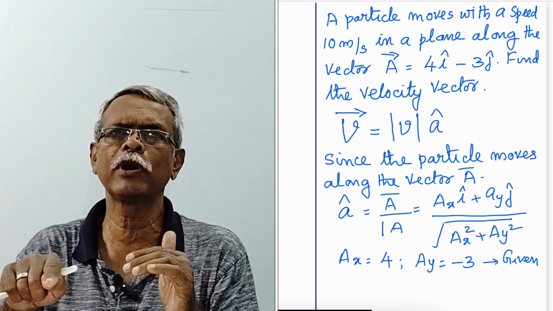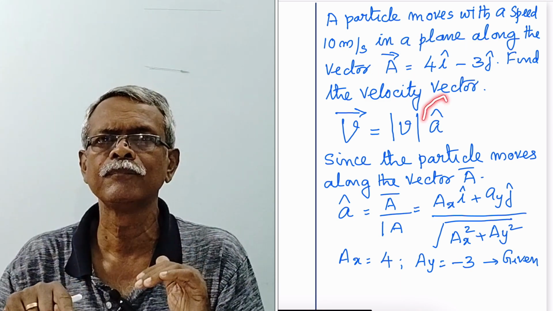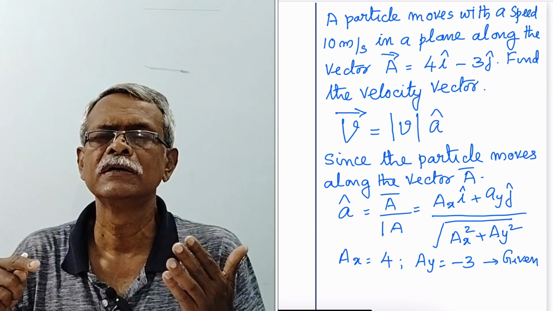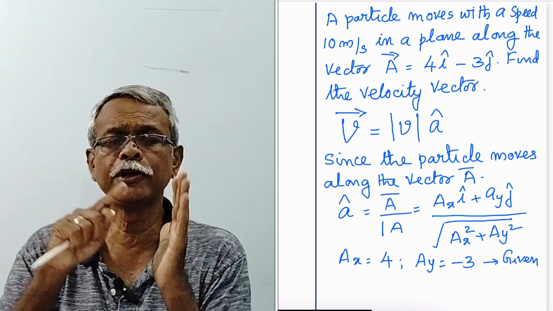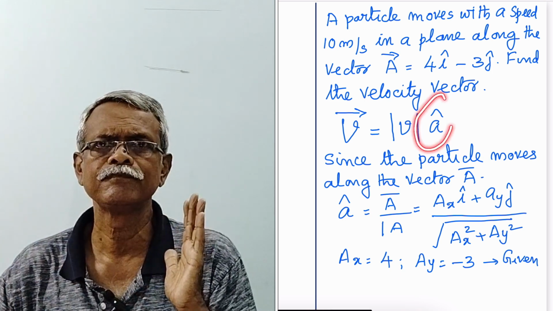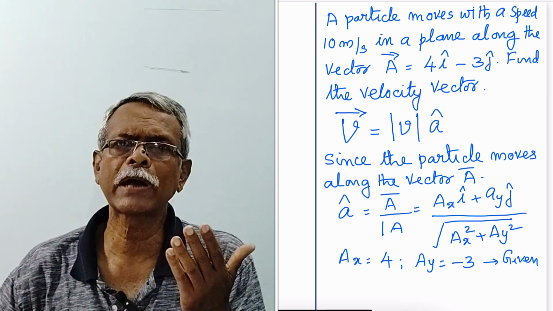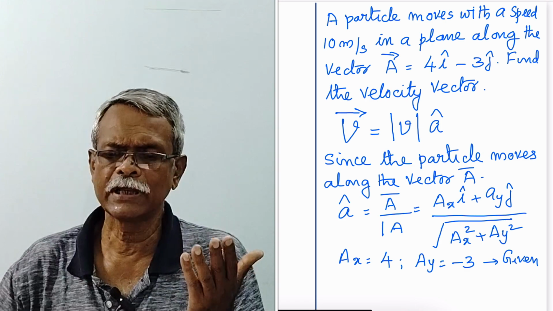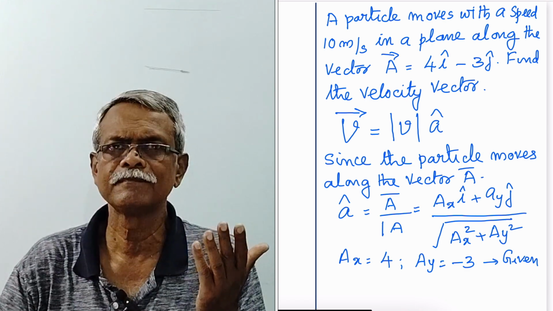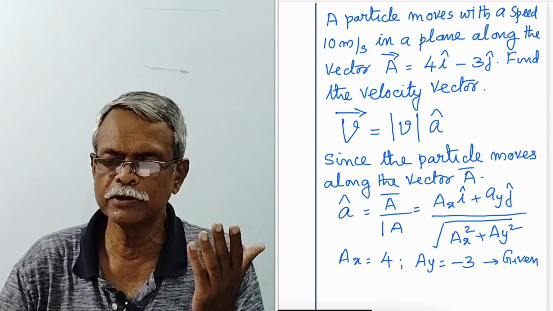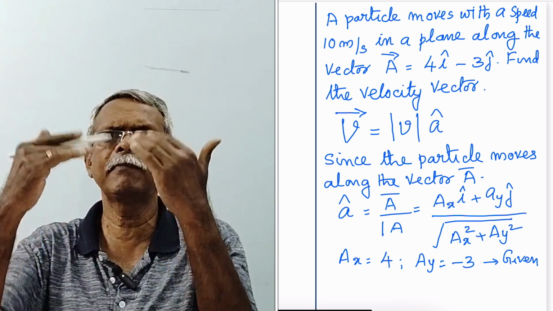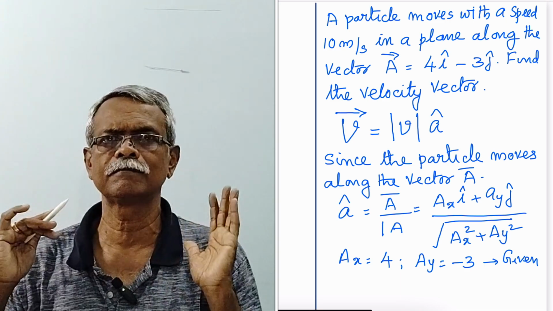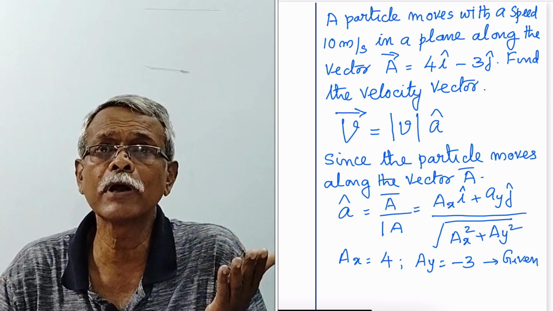You multiply that unit vector with the speed, and you will get the velocity vector: magnitude multiplied by unit vector. Now, we know how to calculate the unit vector. We take the vector and divide it by the magnitude of a. A vector divided by its magnitude will be the unit vector. We know how to calculate the magnitude.